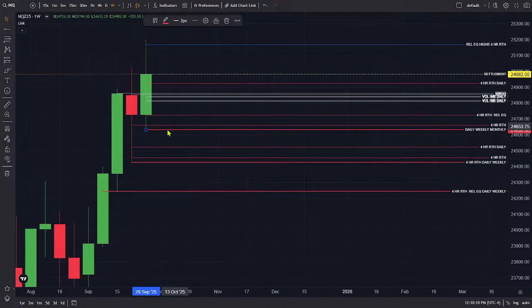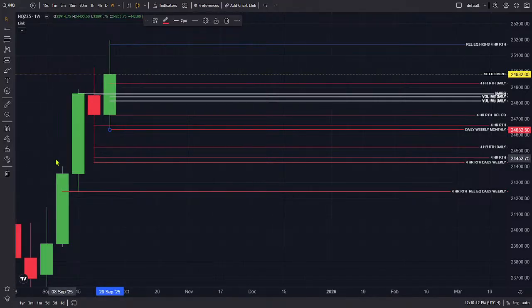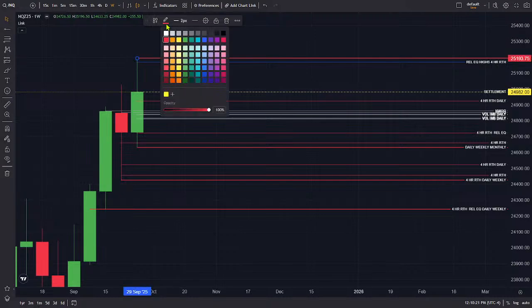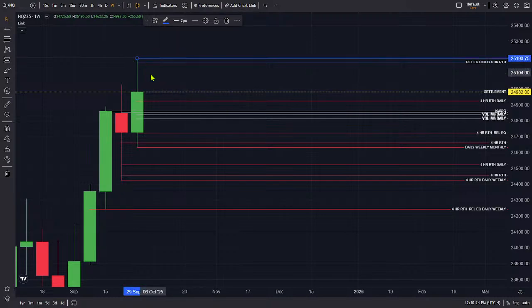If you're a billionaire, I should mark the all-time high. If you're a billionaire and you want this thing to go up, you don't want to be buying up here. You want to be buying down in here.